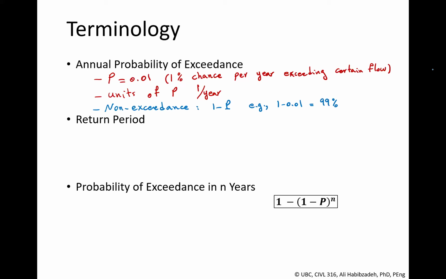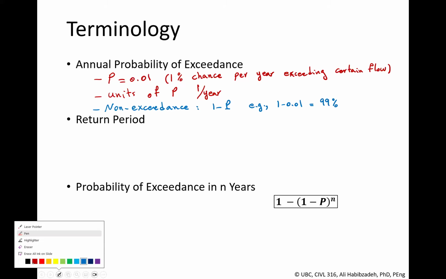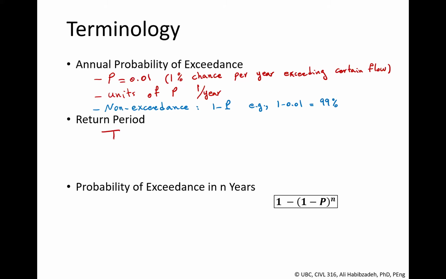Then we have the return period. Typically we use capital T, and it's equal to 1 over P, where P is the annual probability of exceedance. For example, we had 0.01. In this case, if P is 0.01, then T will be 1 over 0.01, which is 100 years.